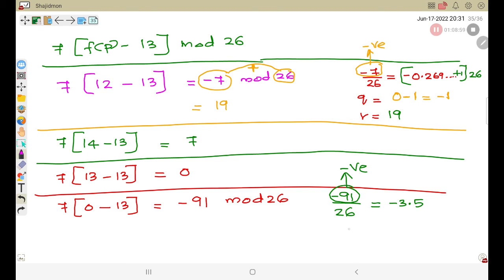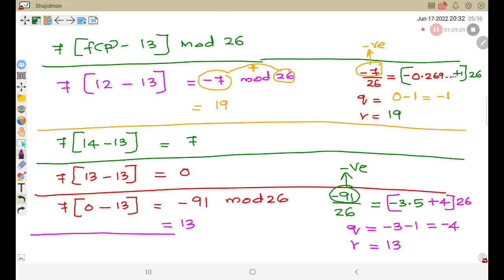So what will be the quotient? Quotient equal to minus 3, correct? Minus 3 minus 1, okay. Negative means subtract 1 is default. So minus 4. Now check what is the remainder. Opposite of quotient, this number plus 4, multiply the divisor number 26. So what will be the number we get? 13. So this number is 13 here. Hope you understood.